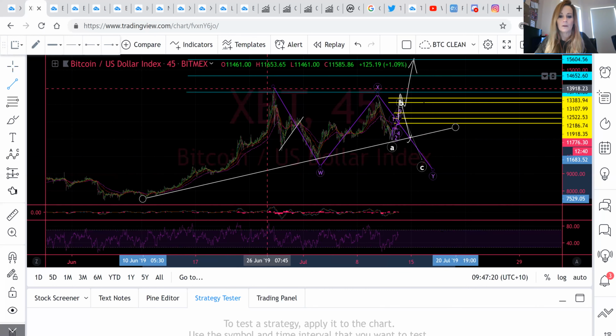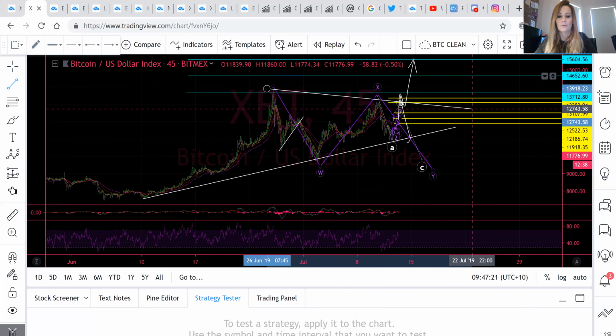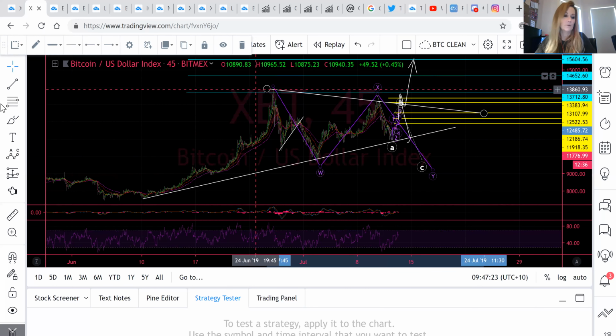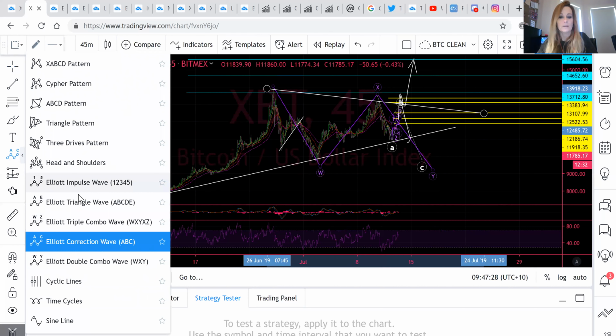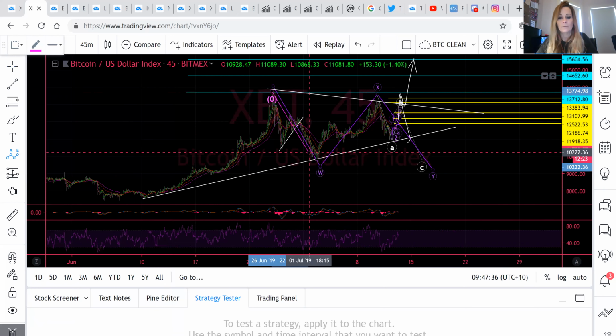So we've got the triangle. Quite a few patterns in this corrective sort of thing. I like to think of this as being a fourth wave. With a fourth wave, we usually see an Elliott wave triangle.